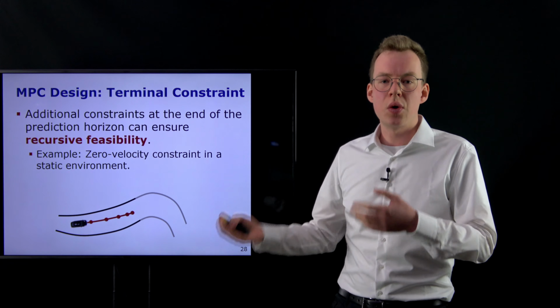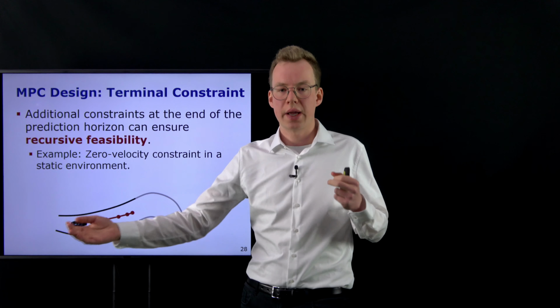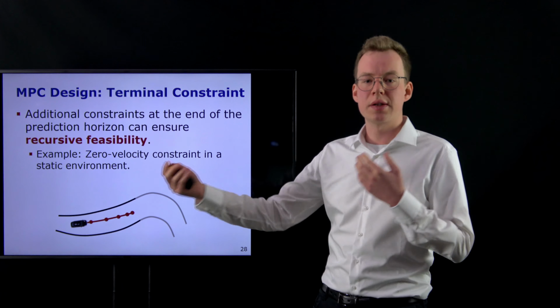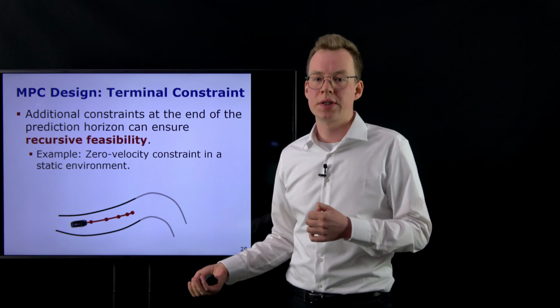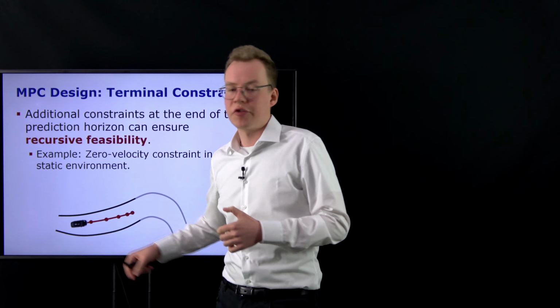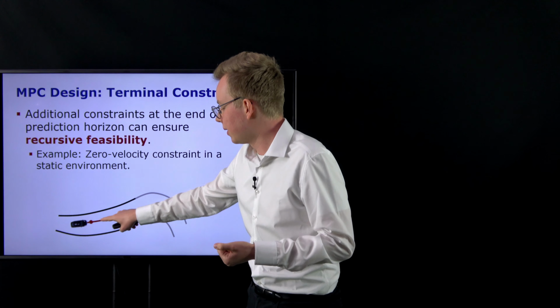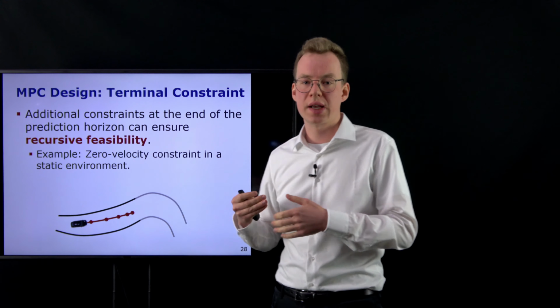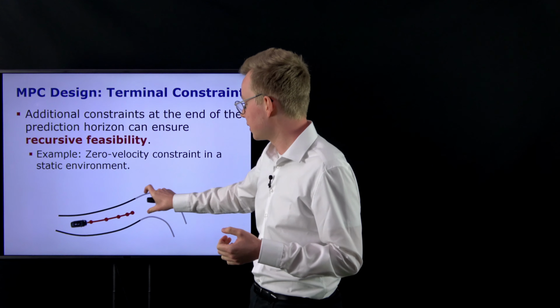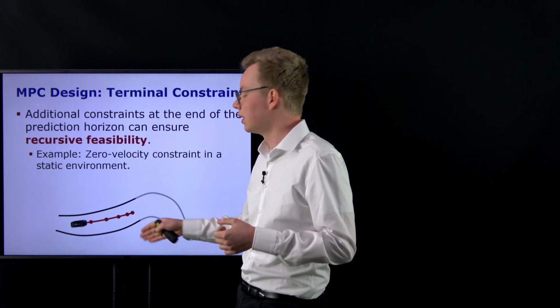And that means that we are only considering plans for which at the end we can bring the system to a stop over our prediction horizon. And that will implicitly prevent us from ever going so fast that we could not bring the car to a safe halt when maybe here comes a very sharp corner, or maybe even a wall or something appearing.